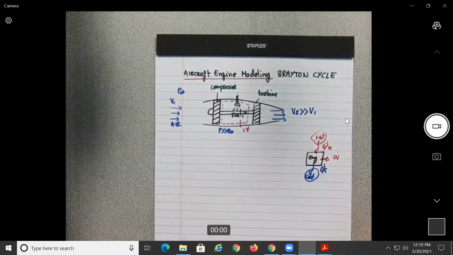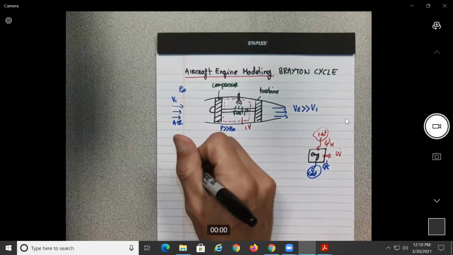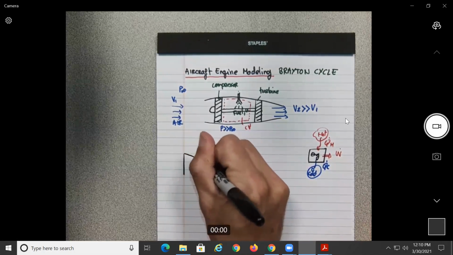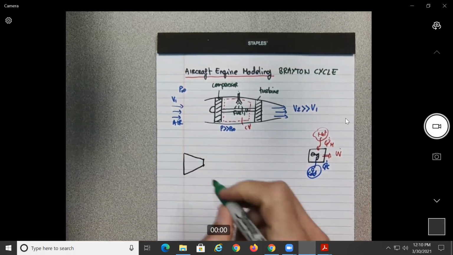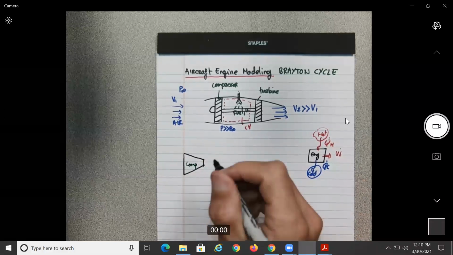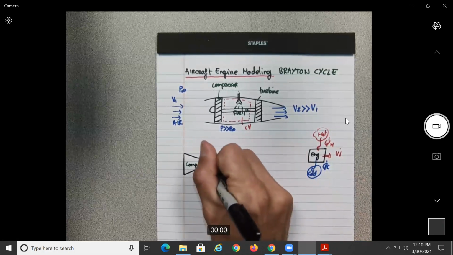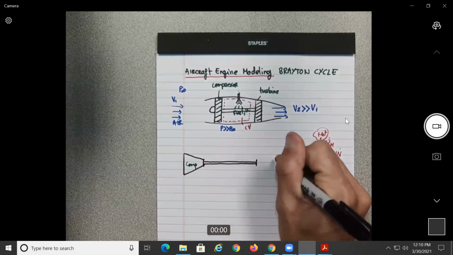So really, the modeling of the Brayton cycle says that on one side you have a compressor that is driven by a turbine.